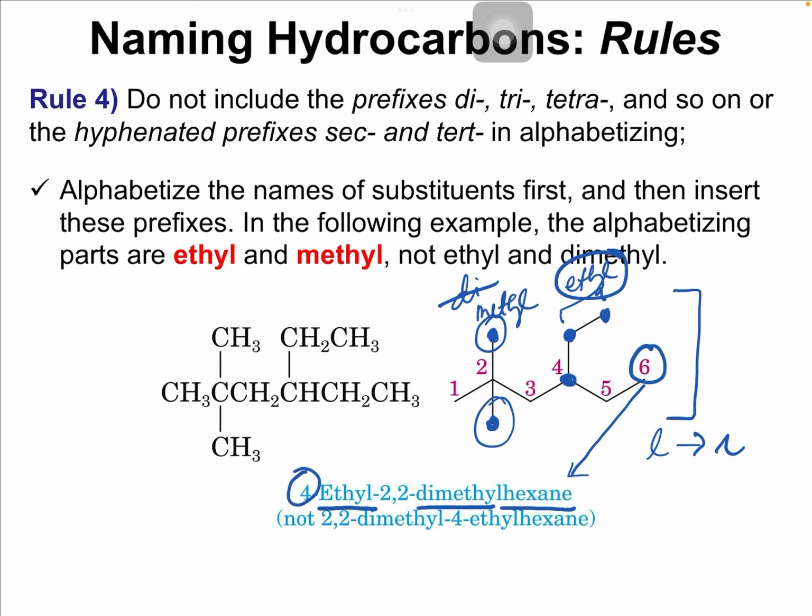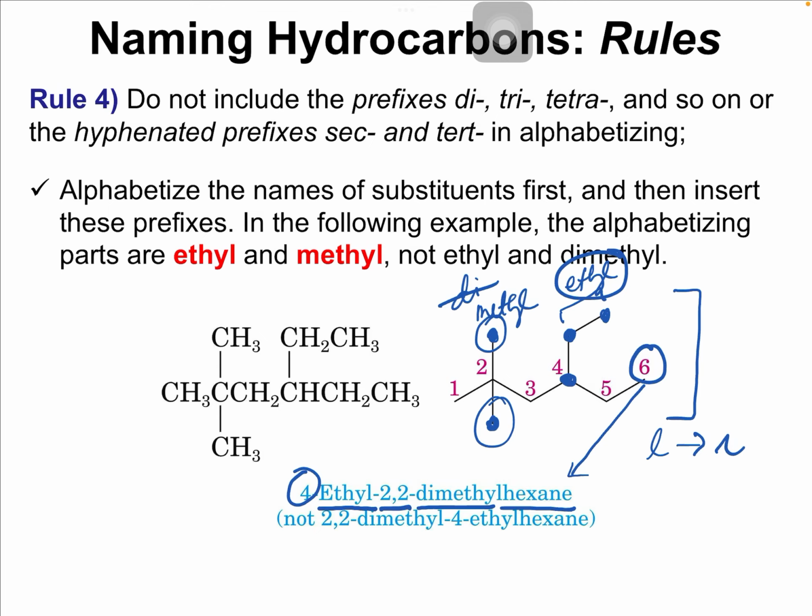And then where are the dimethyl or the 2 methyl groups? So it is attached to 2, 2. So bakit 2, 2? Kasi doon nakakabit yung dalawang methyl groups doon sa carbon number 2. That's why the name is 4-ethyl 2,2-dimethyl hexane.